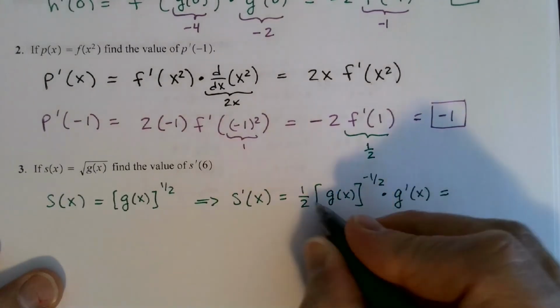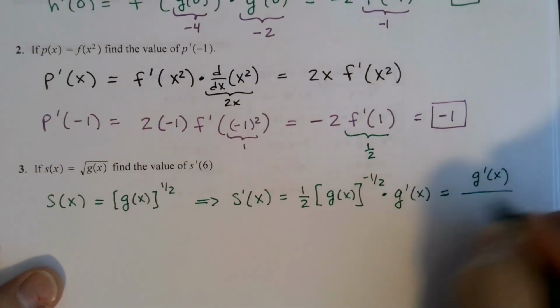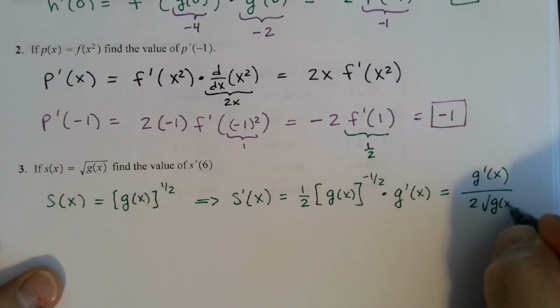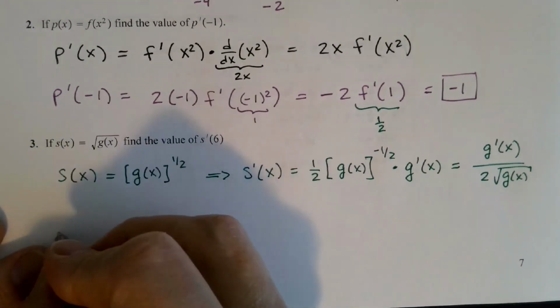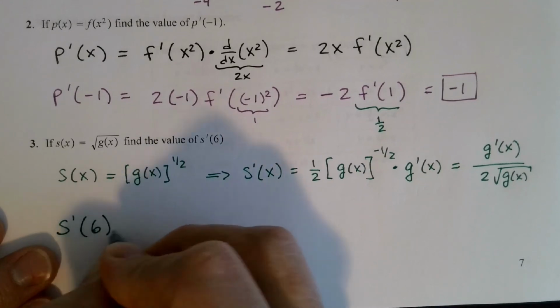So up top, g prime of x. Down below I've got a 2 and the square root of g of x. So now we're ready to find s prime of 6.